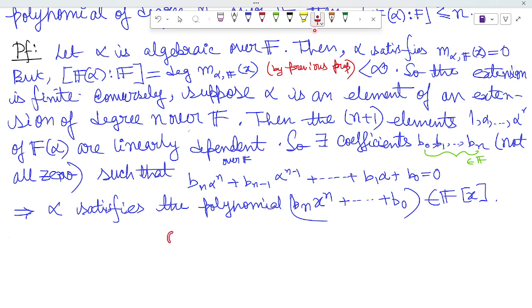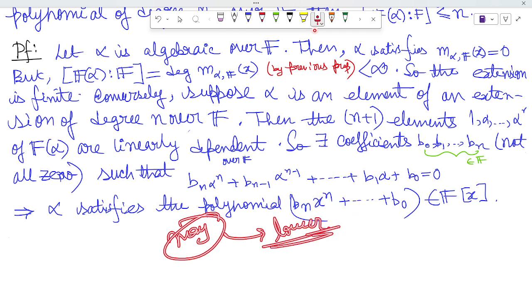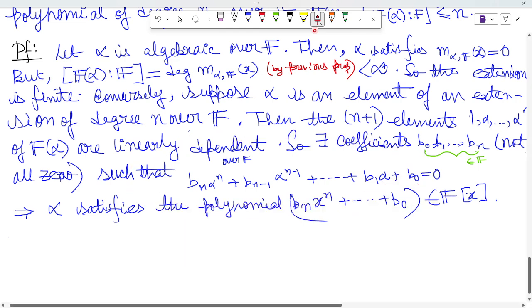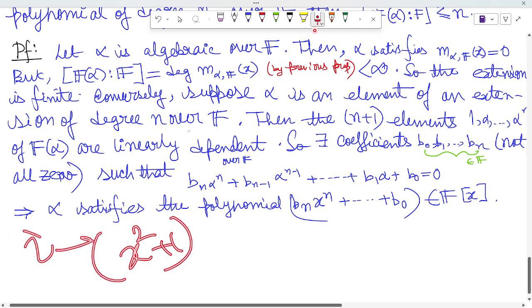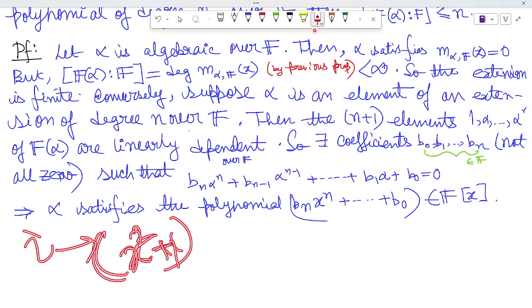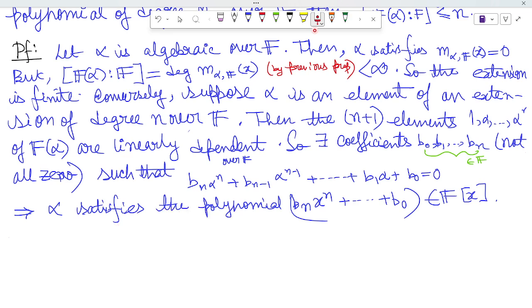Okay, no problem. But alpha may satisfy a polynomial of lower degree. If there is no polynomial of lower degree, then this is the lowest. I am not saying strictly lower degree. For example, i satisfies x squared plus 1, and I cannot reduce that degree in R. If I have no proper information about alpha, it might satisfy a lower-degree equation.